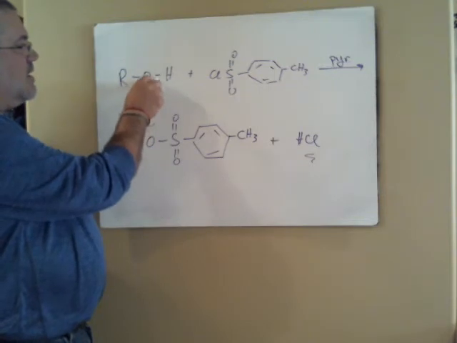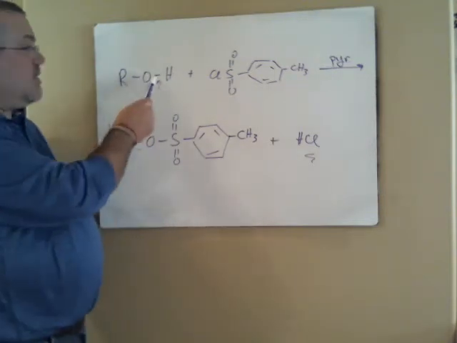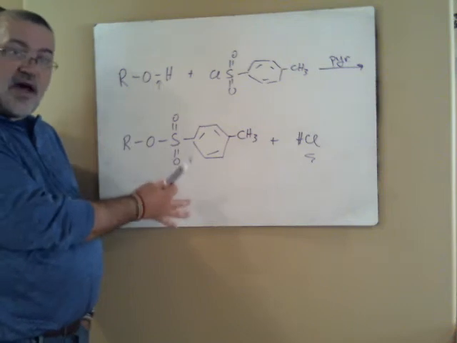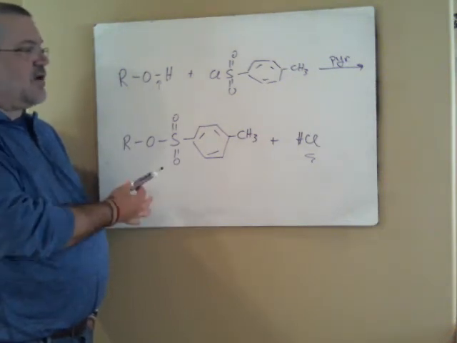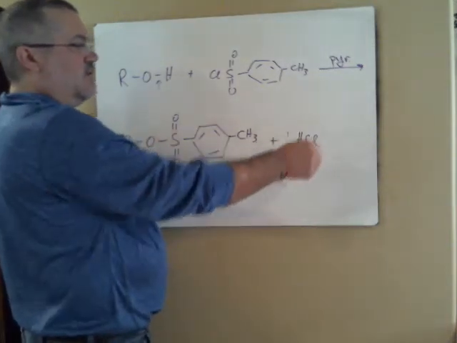So the bond that is broken is the O to H bond. So this is a different type of reaction than we talked about in the last lecture. And I promised we would start at this point. Byproduct of this is HCl.